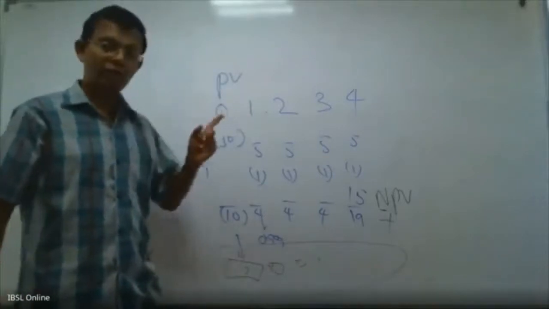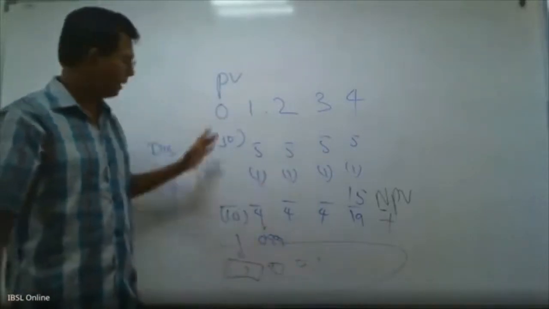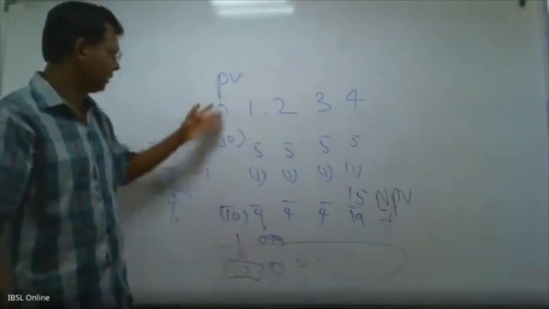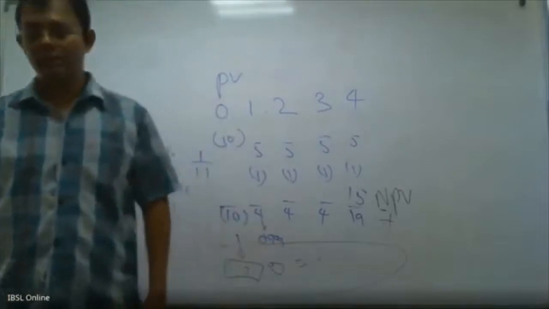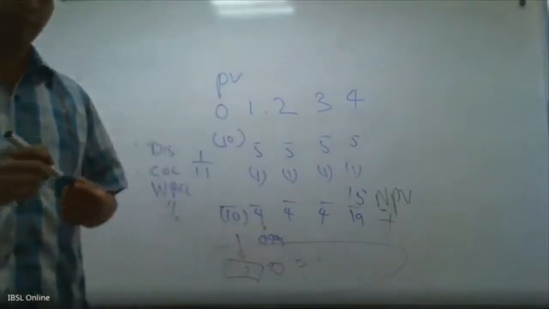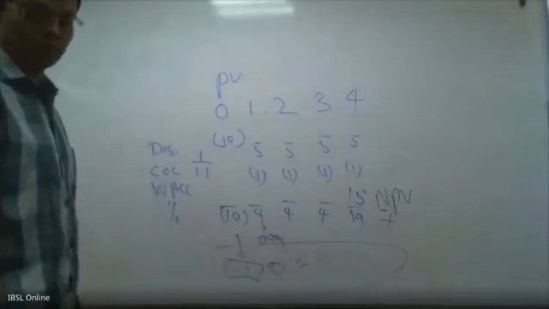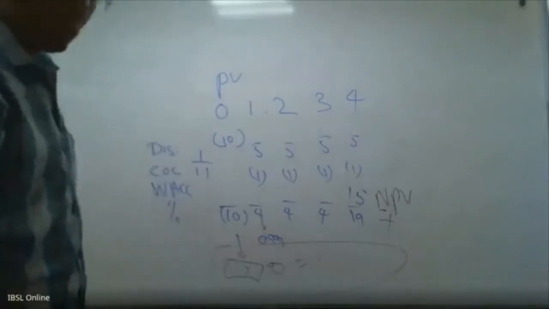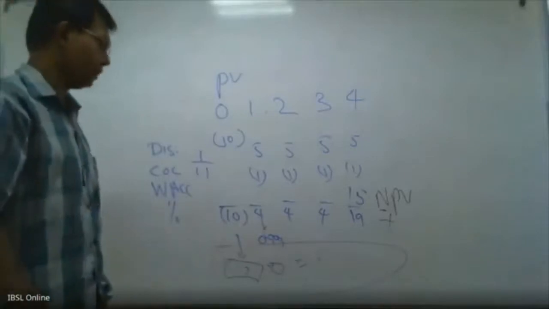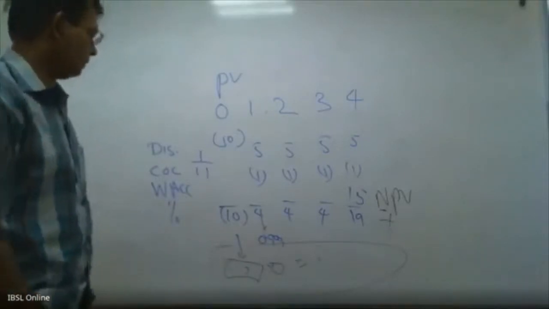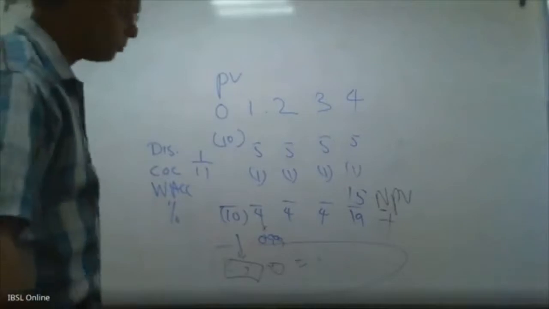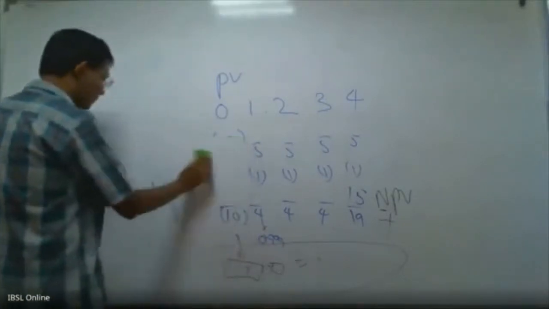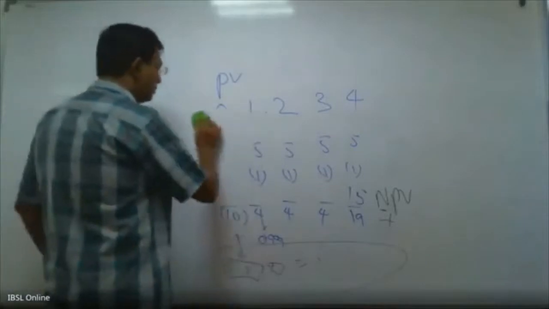But in this project appraisal, you have NPV, the net present value. Year 0, you have a minus figure. If the NPV is plus, you accept the project. Otherwise, you reject it. And also some technical words we'll have to learn.